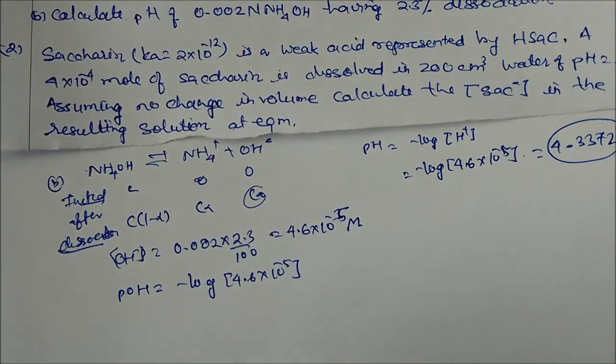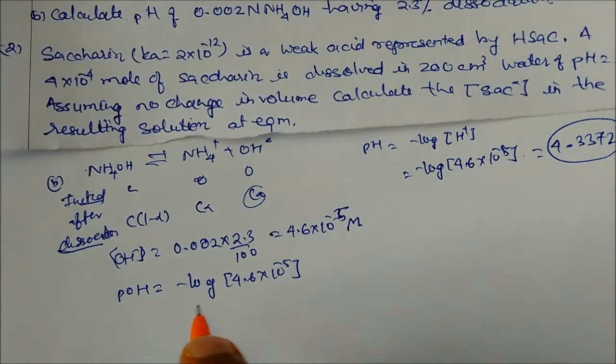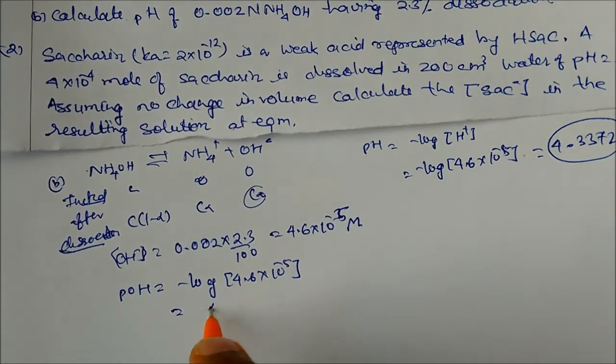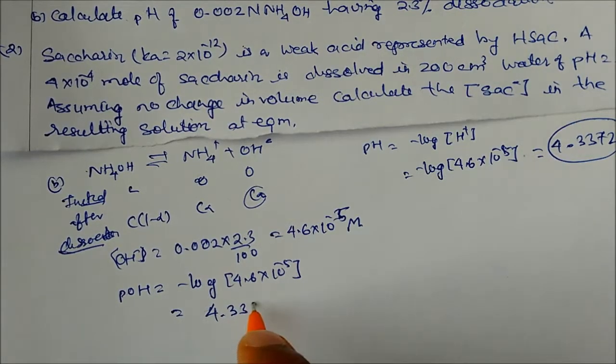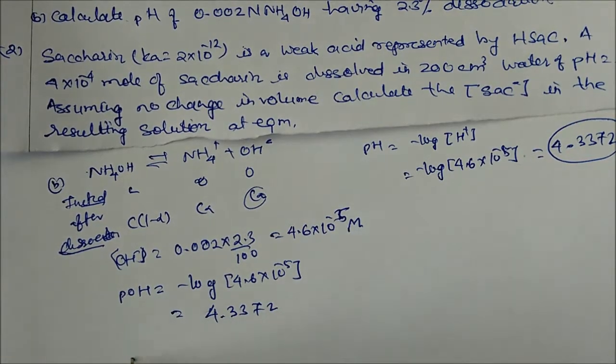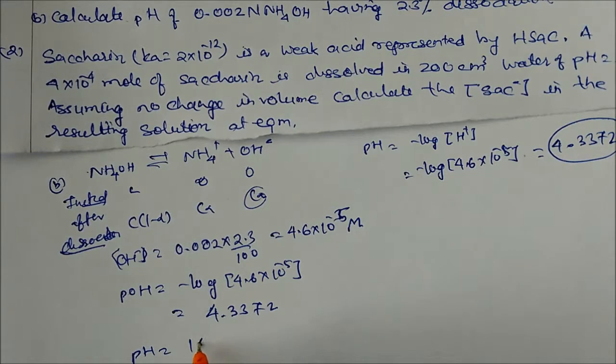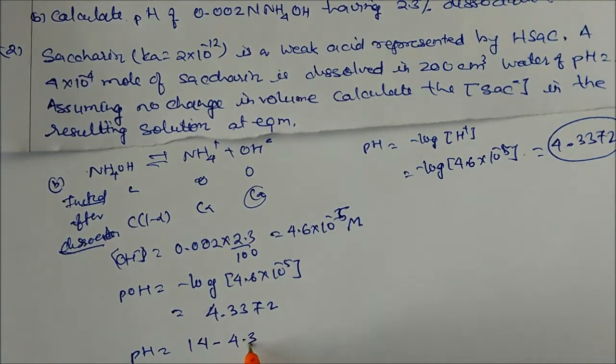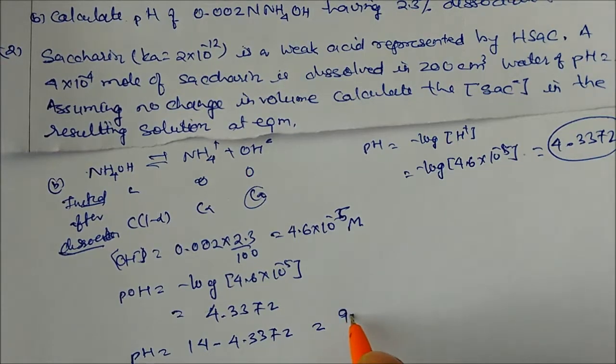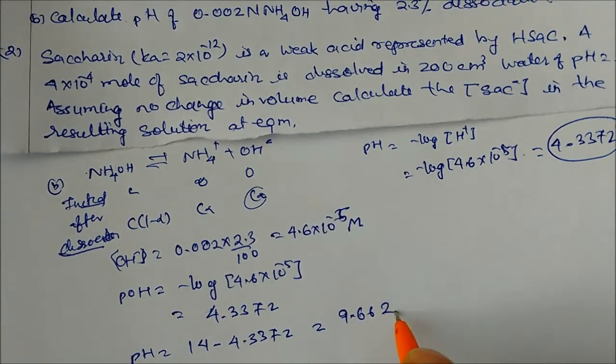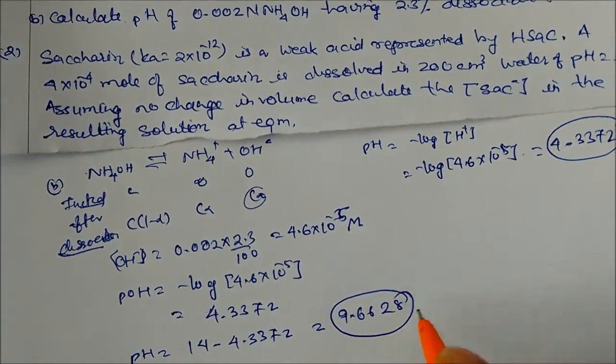I hope you know how to do the log calculation. Ultimately we get 4.3372 as the pOH. So pH will be 14 minus 4.3372. On solving we get 9.6628. So this is our answer.